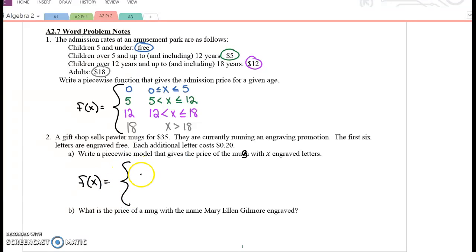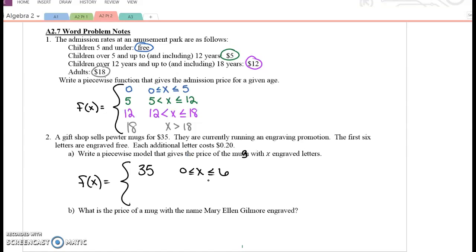How much does the mug cost? $35, when x, our number of engraved letters, is between 0 and 6 letters. So whether you get 0 letters engraved or 6 letters engraved, you're going to spend $35 on this mug.